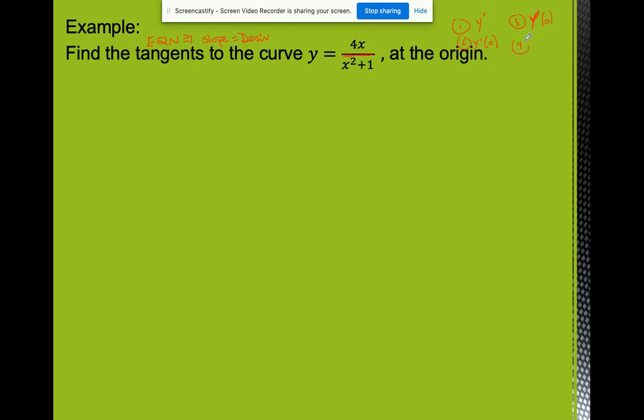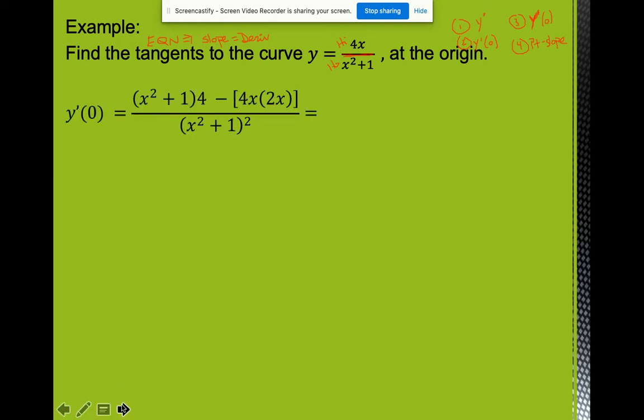And step 4, point slope form of your tangent line. So, high over ho, find the derivative. Ho times the derivative of 4x minus high times the derivative of x squared, all over x squared plus 1 squared.